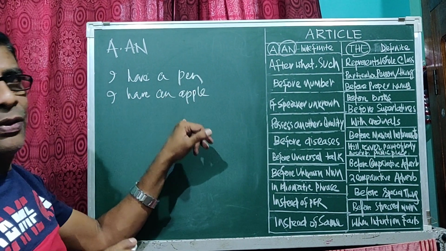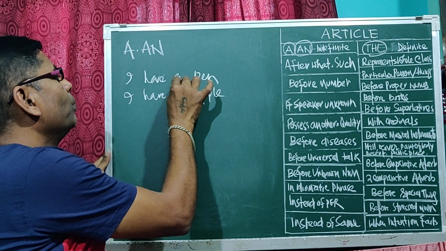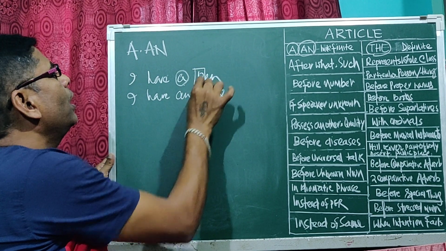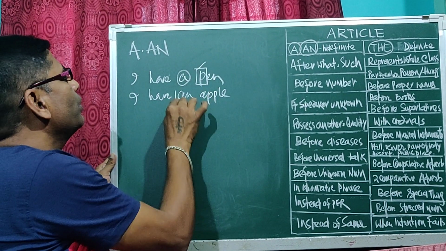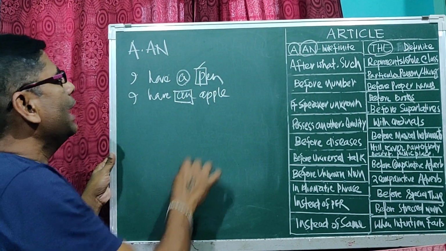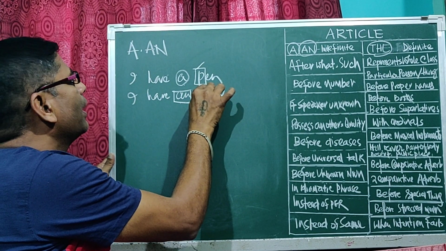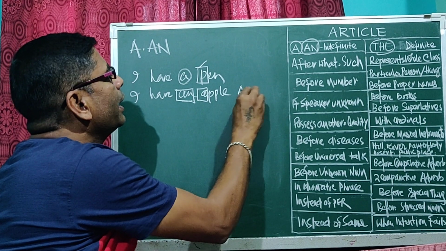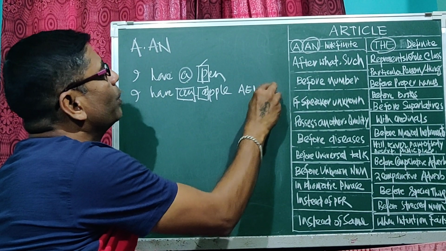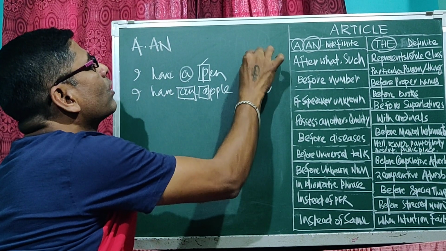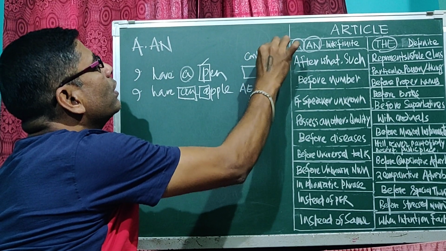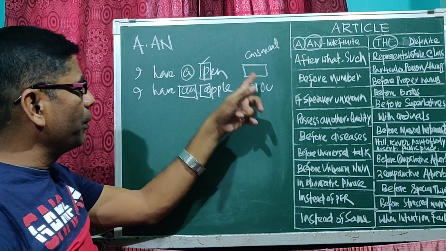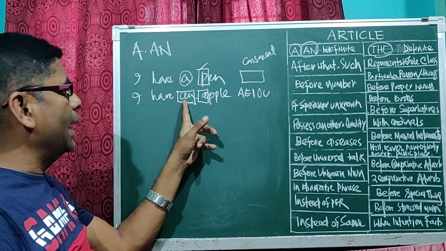Generally, we should use A before a consonant and AN before a vowel. There are 5 vowels: A, E, I, O, U, and the rest are consonants. So generally, before a consonant word we use A, and before a vowel word we use AN.